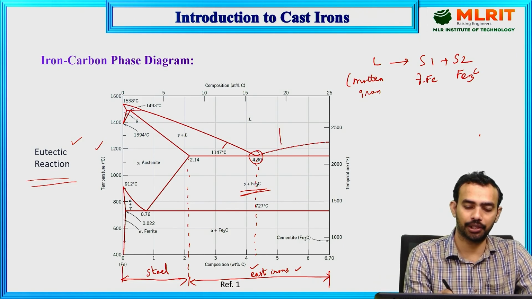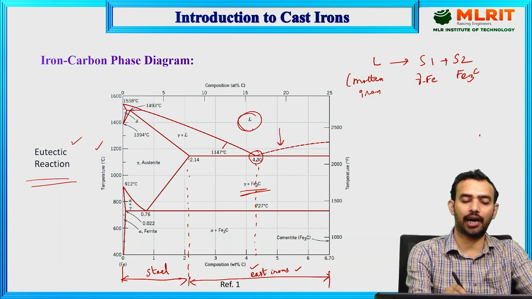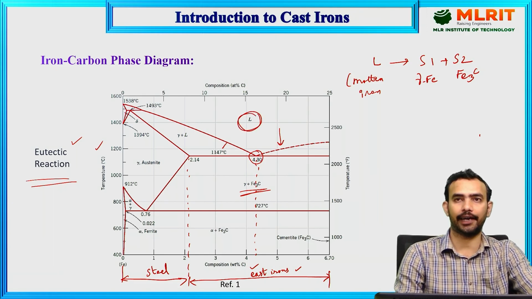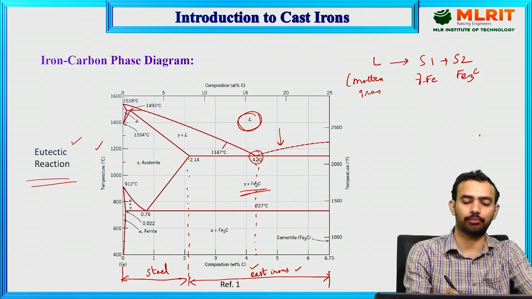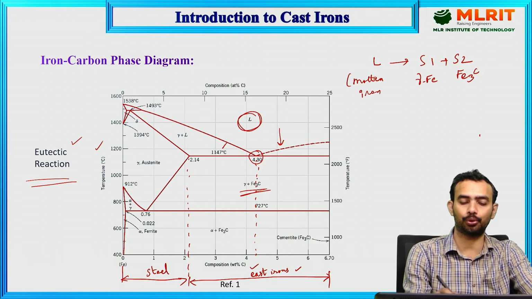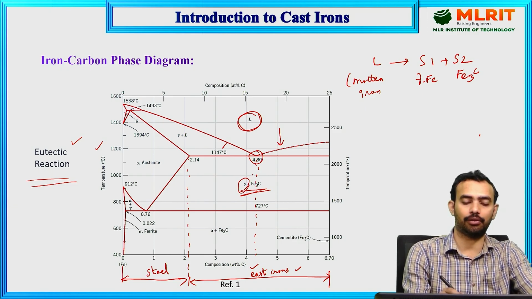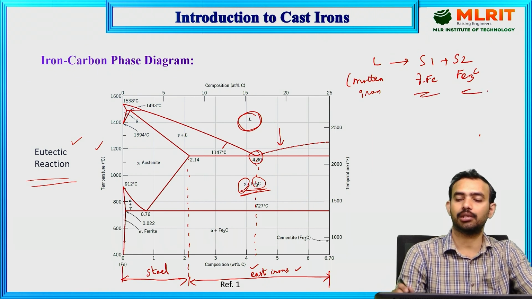If it is cooling, this liquid molten iron is getting transformed at this point, 1147 degrees centigrade, into two solids. One is gamma austenite, iron in the austenitic form, and then cementite: gamma austenite plus cementite.